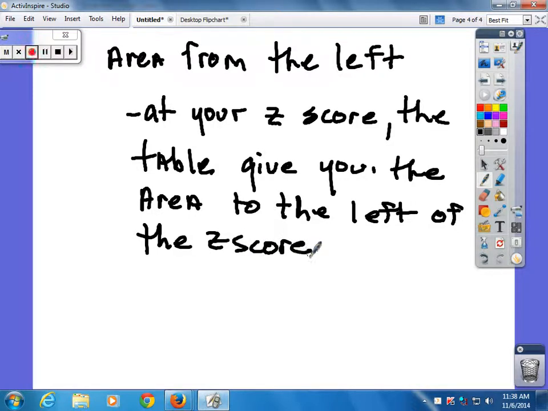And I'll put in parentheses LHS, left-hand side. Okay? So if you wanted to find the right-hand side, what would that be?